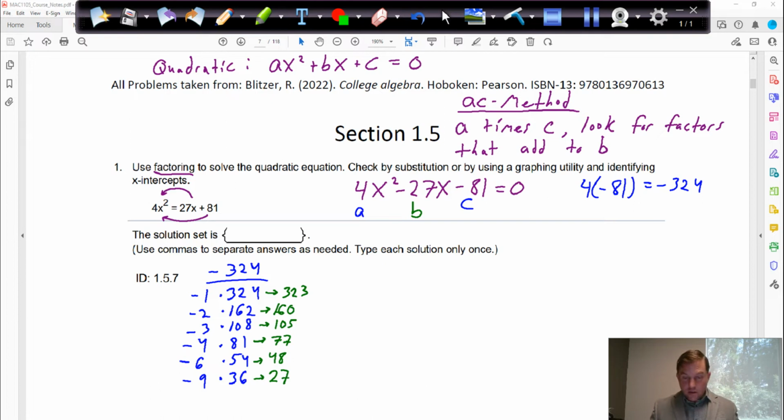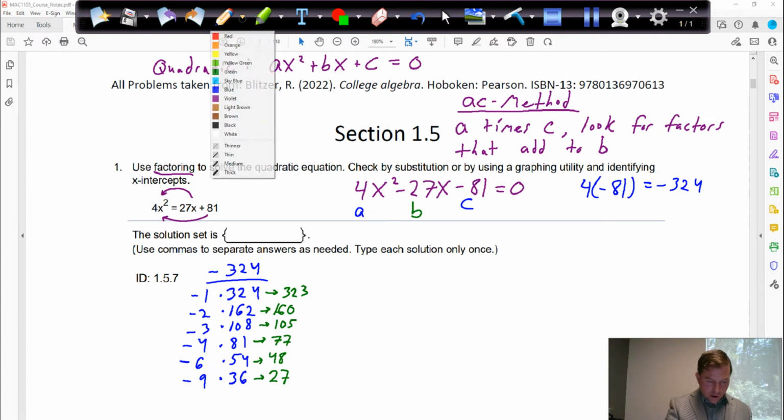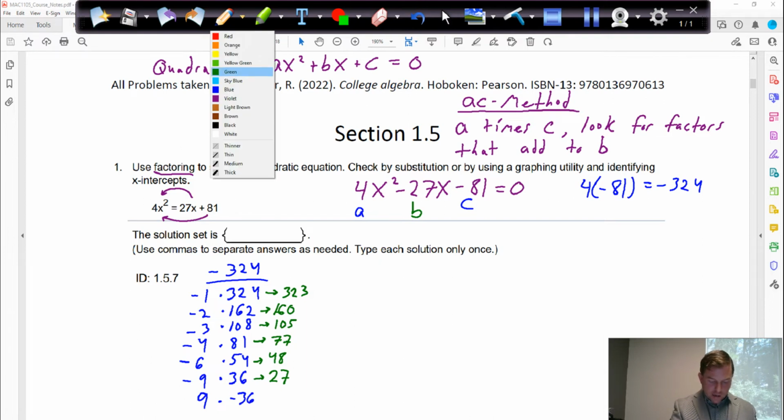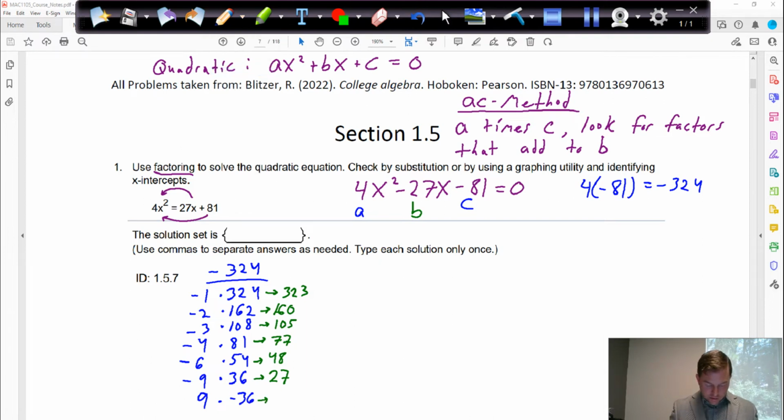Now let's stop there. That's real close. 27, we wanted minus 27. So all I have to do is swap the minus sign and call this negative 36. And now those two do add up to negative 27. Okay, so we found the winning combo. It's 9 and negative 36.